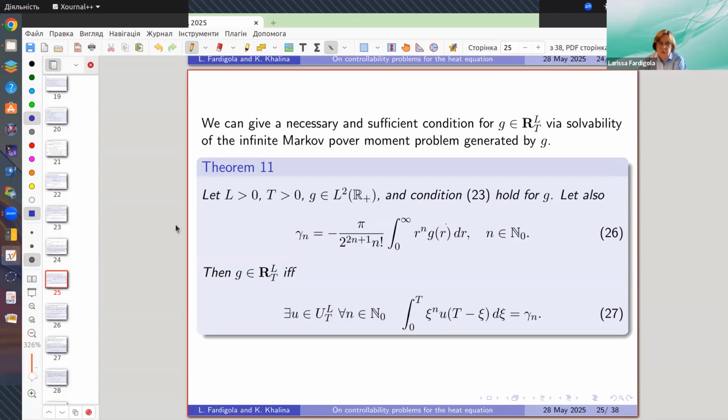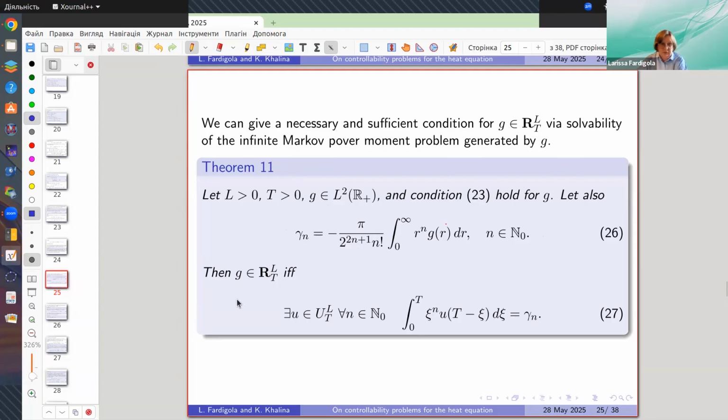We can also give a necessary and sufficient condition for G to belong to RTL via solvability of the infinite Markov power moment problem generated by G. So if G belongs to L2 of R plus and conditions 1 to 3 hold for G, we can denote a sequence gamma n by the following rule.